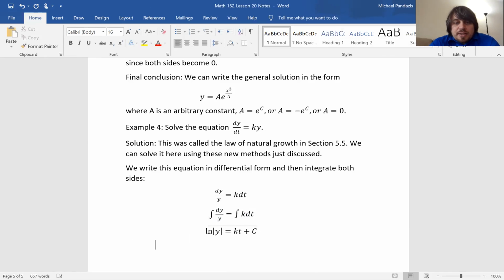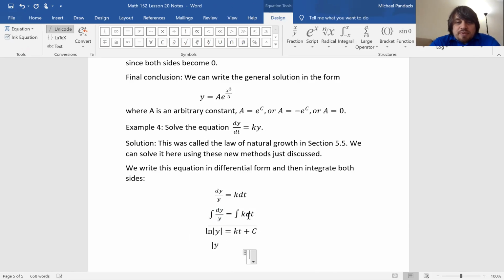Okay, and so then we exponentiate both sides and we get the absolute value of y is equal to e raised to the right side, so kt plus c. And this is equal to e to the c times e to the kt.